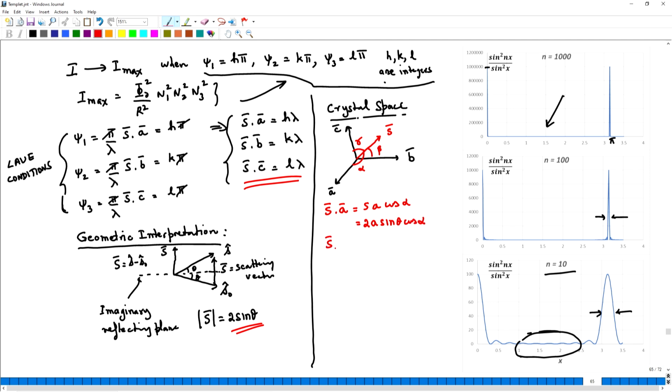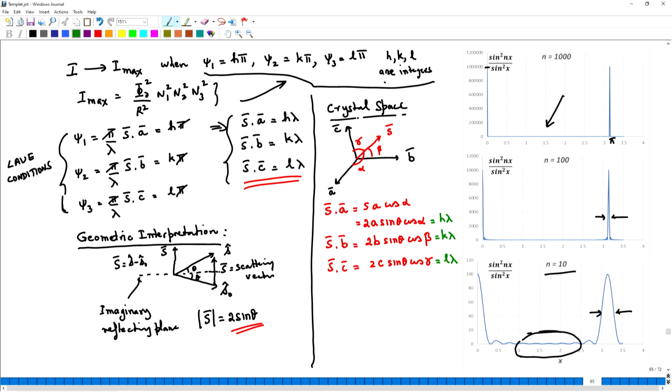Similarly, S dot B would be 2B sin theta cos beta, and S dot C would be 2C sin theta cos gamma, and each of these terms would be equal to H lambda, equals K lambda, equals L lambda.